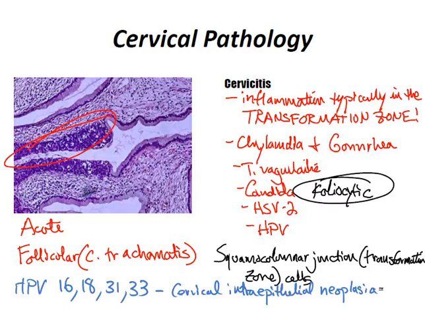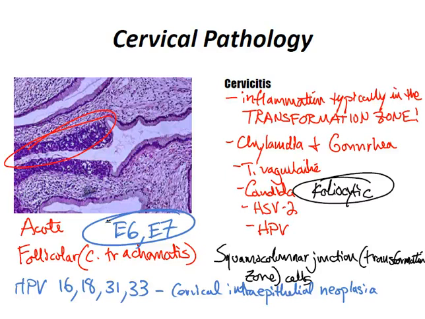The viral proteins of HPV, which are E6 and E7, inactivate cell cycle regulation. Specifically, E6 inactivates p53, and the retinoblastoma gene is inactivated by E7. So that's how you get CIN, or cervical intraepithelial neoplasia.